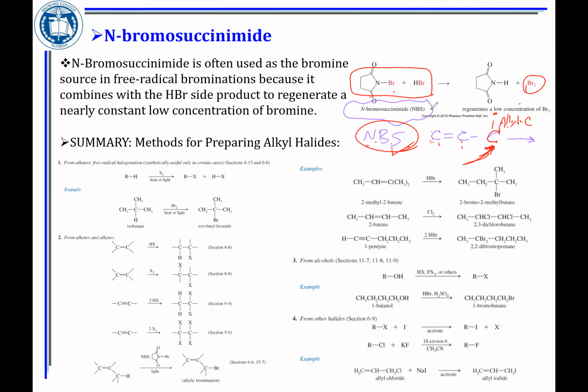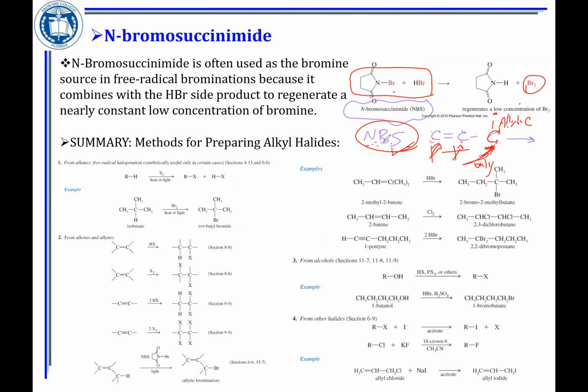So this is a slow release of Br2, and it's controlled, because if it's uncontrolled, if too much Br2 is added at the same time, you could get bromine in this position, you could get it in all these positions. But if you're using NBS, only the allylic position would get the bromine, only this position, right, with NBS.